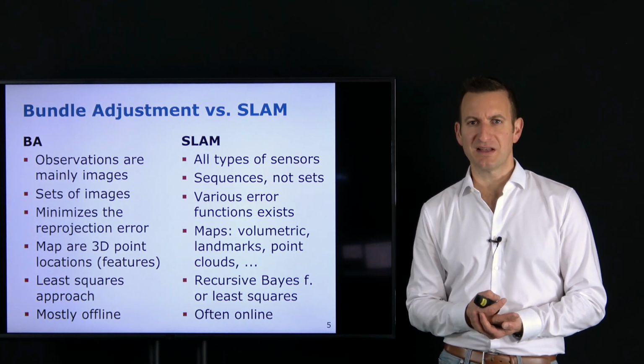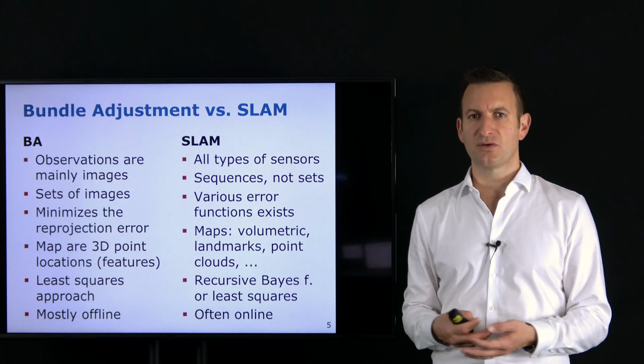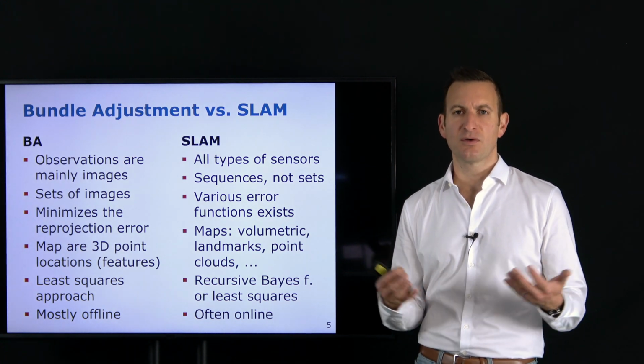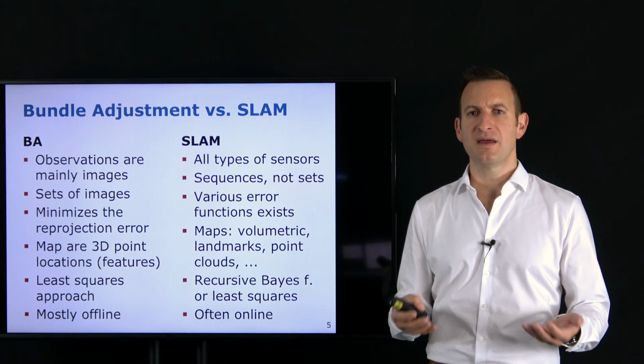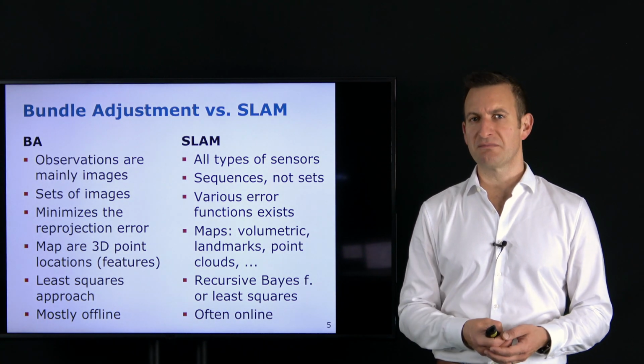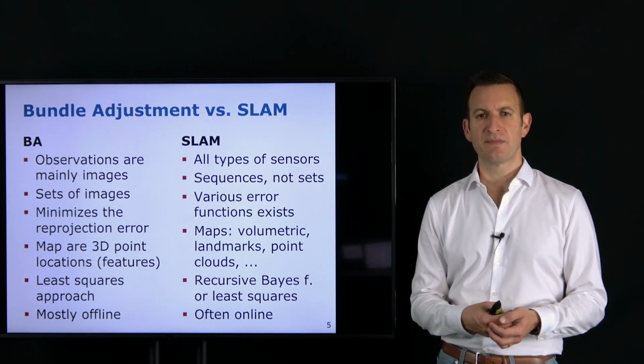We also consider typically sets of images. That means we just have a collection of images and want to work with this collection of images, not exploiting explicitly sequential information. Of course, if it runs in an online system, then we can take this sequential information into account, but the majority of bundle adjustment solvers which are out there don't take that into account explicitly.